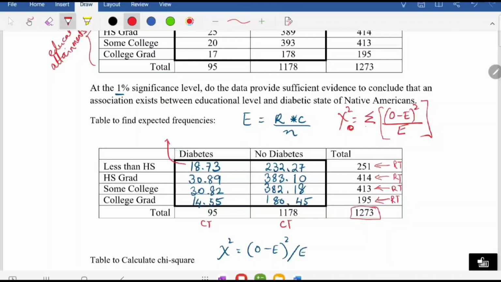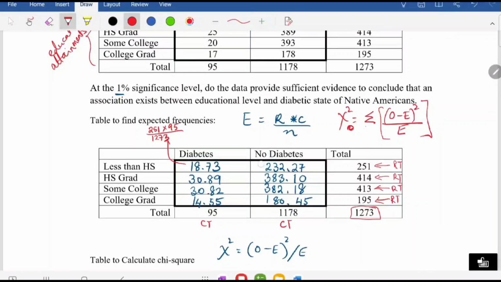Let me write it here. 251, so take the row total where less than HS is, whose expected frequency we want to find. So 251 multiplied by its column total, that's 95, divided by 1273. Should give you a value 18.73.